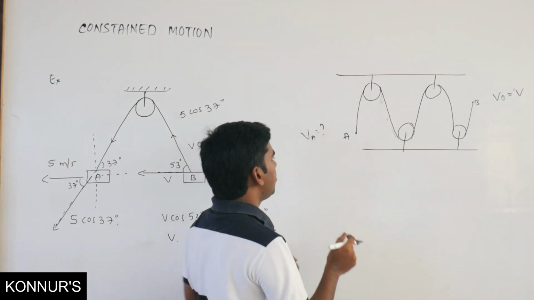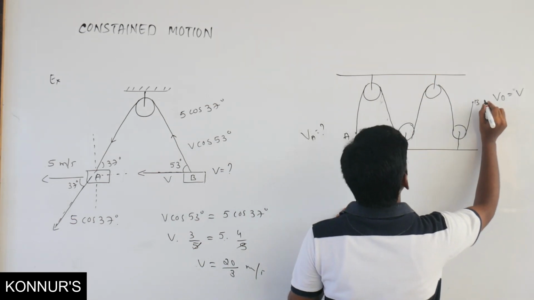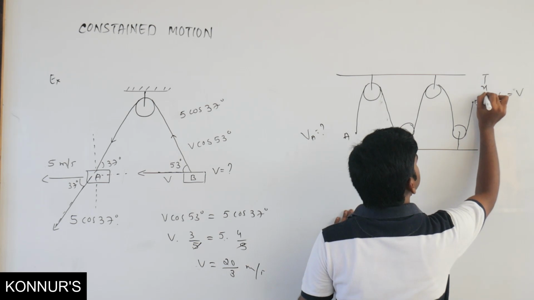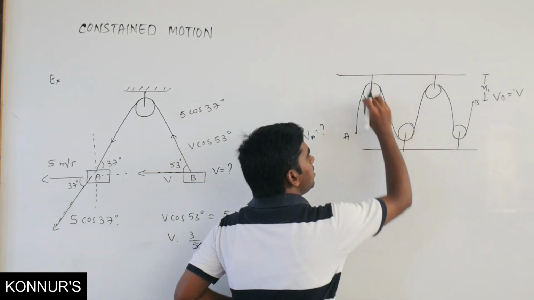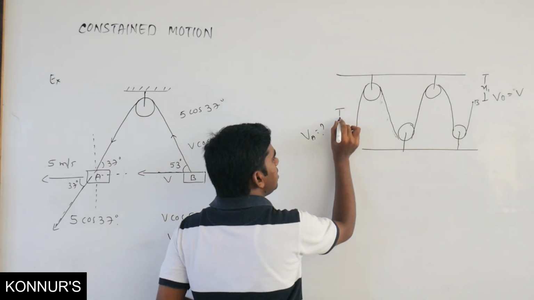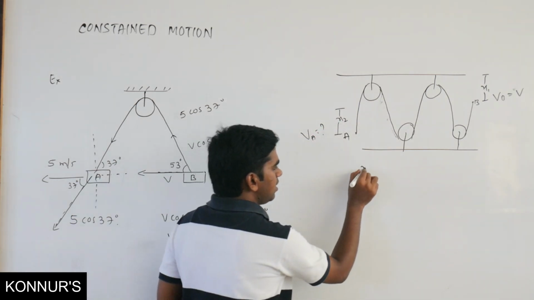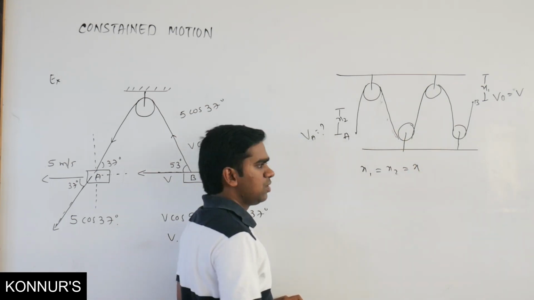Or if you want to prove it, suppose this is moving in the upward direction by a distance x1. Then this string will come here, this string will come here, and this will also move in the upward direction by the same distance. That means however much x1 moves, that much x2 will move.